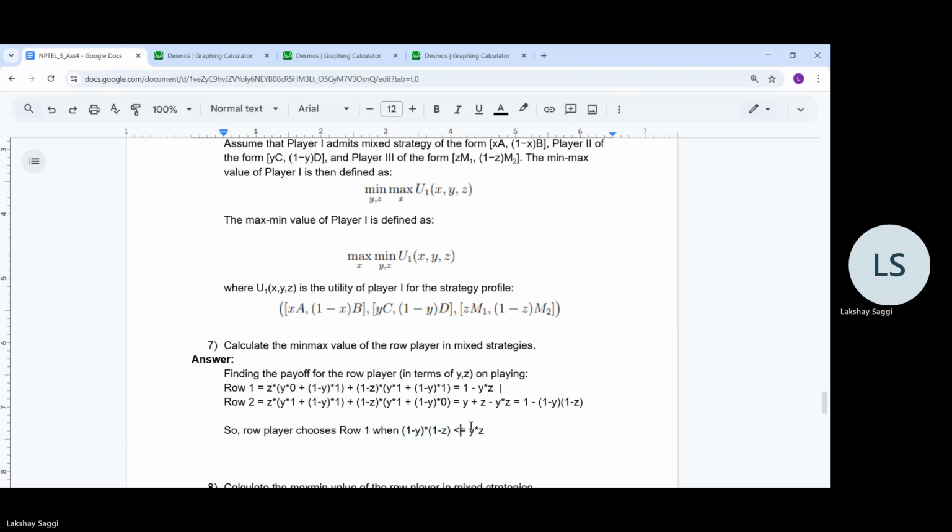And chooses row two otherwise. So if we have something like this, what does this imply?